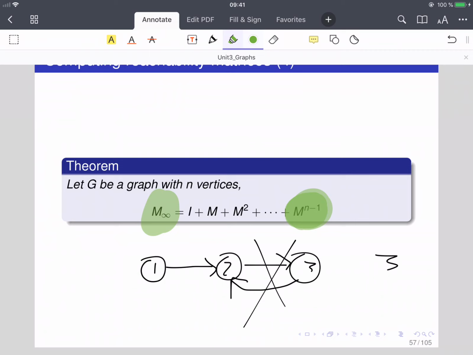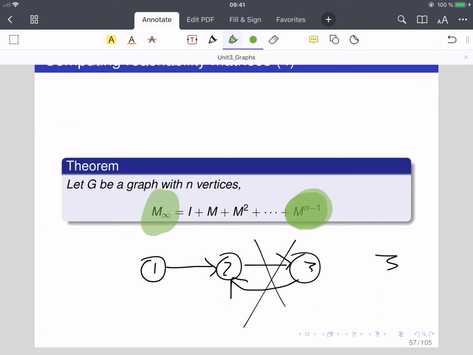Okay, so this is the procedure that we must follow. We first determine the adjacency matrix, and then we compute the different powers of the matrix up to the power n minus 1, where n is the number of vertices, and then we compute the addition of those matrices, always Boolean addition, okay, so 1 plus 1 is 1 and not 2.